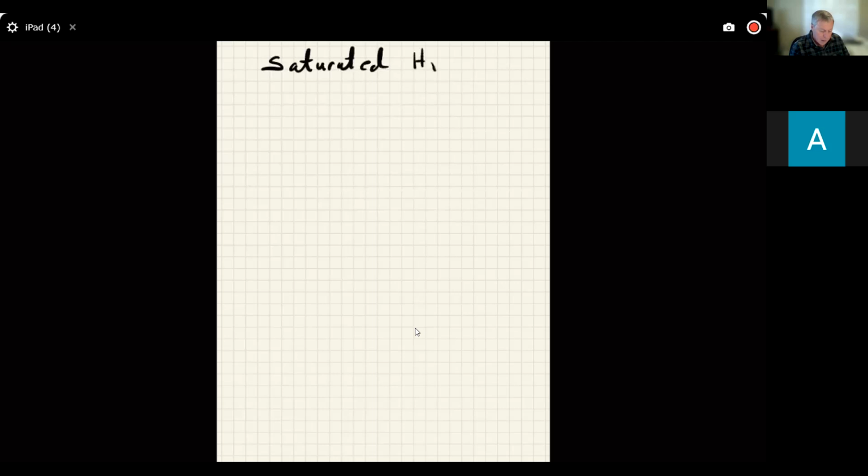Saturated hydrocarbons. Saturated hydrocarbons contain only single bonds, no double bonds. So if you look at all those 10 compounds that we just drew, methane all the way through decane, all of those compounds are known as the saturated hydrocarbons.